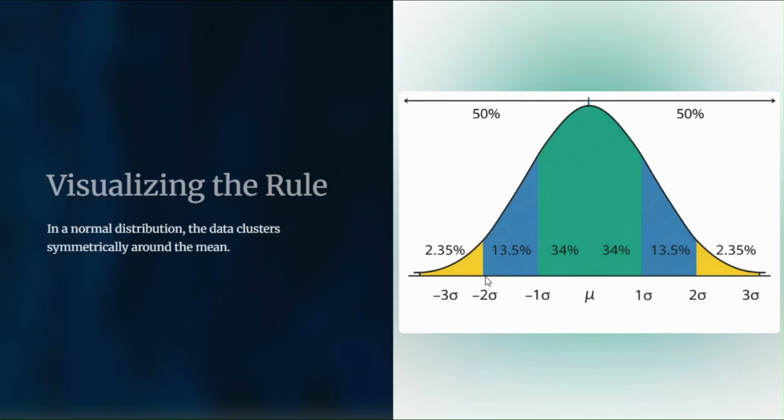And now, from 2 standard deviations to 3 standard deviations below the mean, there will be another 2.35%, and similarly, since the curve is symmetric, the same thing will occur between 2 standard deviations and 3 standard deviations above the mean. So if you add all of these percentages up, you will get 99.7%.